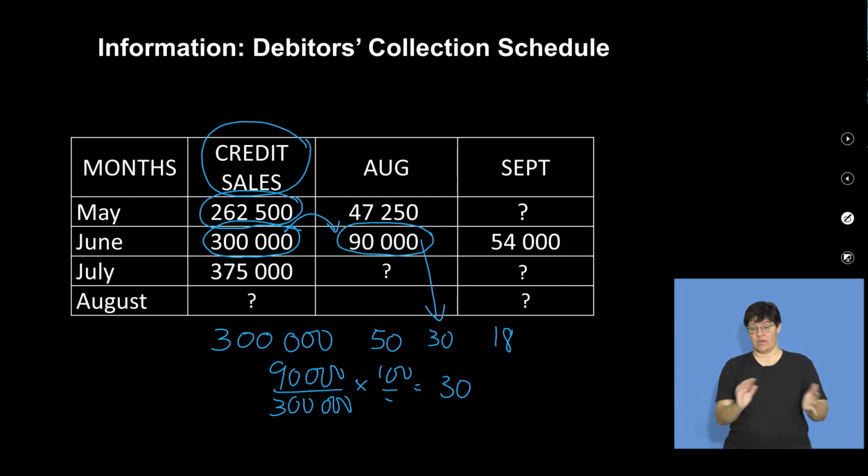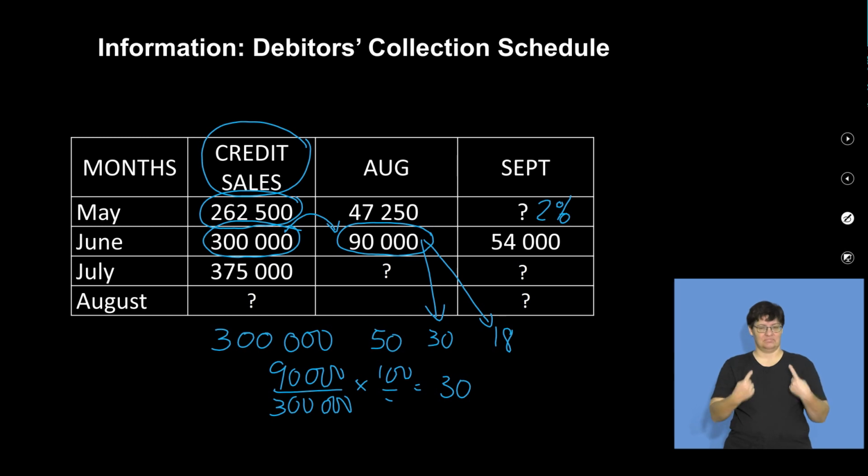And then in September, based on your June credit sale, you are now receiving the 18%, and you can clearly see how your June figure will impact September. It will be the 2% that you will write off as irrecoverable.